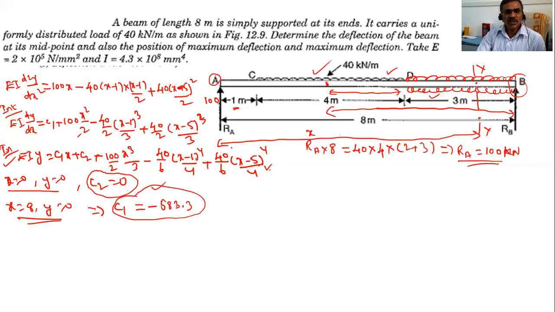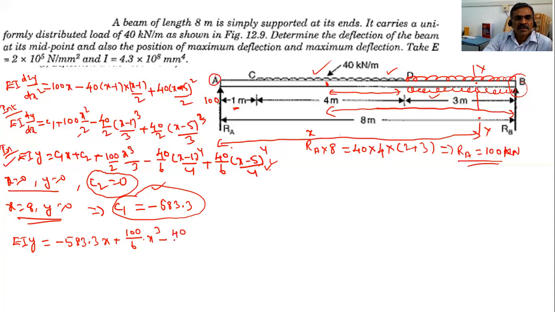You substitute this in the equation. EI into y is equal to minus 583.3 into x, plus 100 by 6 x cube, minus 40 by 24 x minus 1 power 4, plus 40 by 24 x minus 5 the whole power 4.